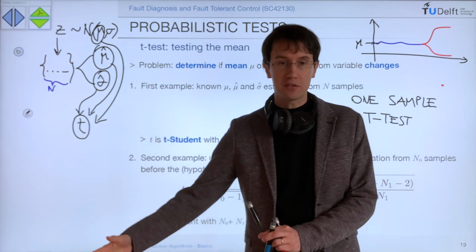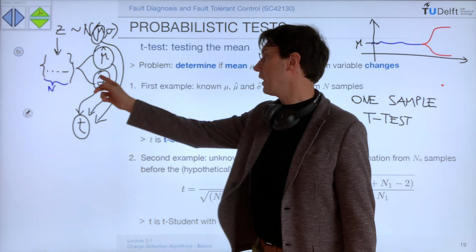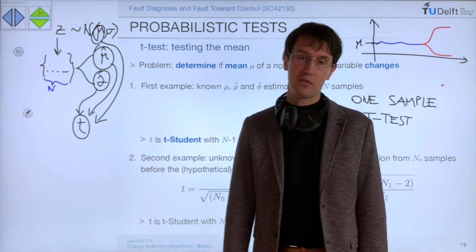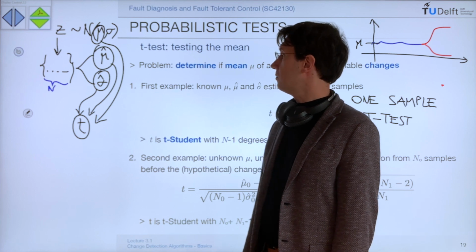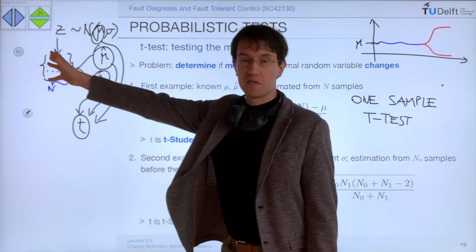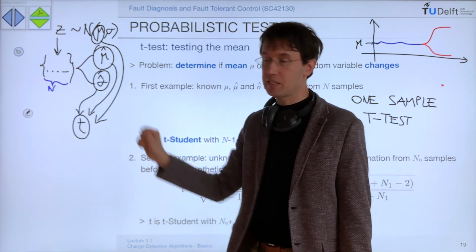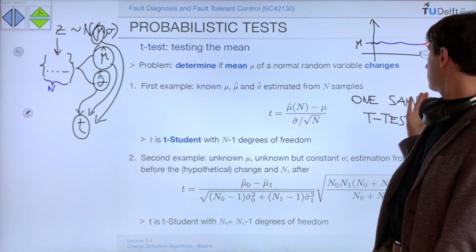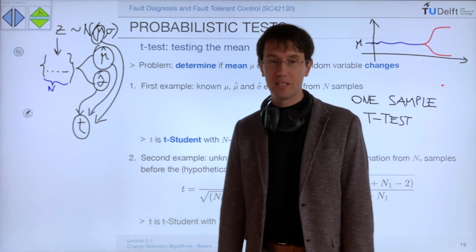You have a different set of samples, you get a different value of mu hat, of sigma hat, and thus of T. Anyway, out of a set of samples, I get only one sample of T. So this is why this is also called a one-sample t-test.